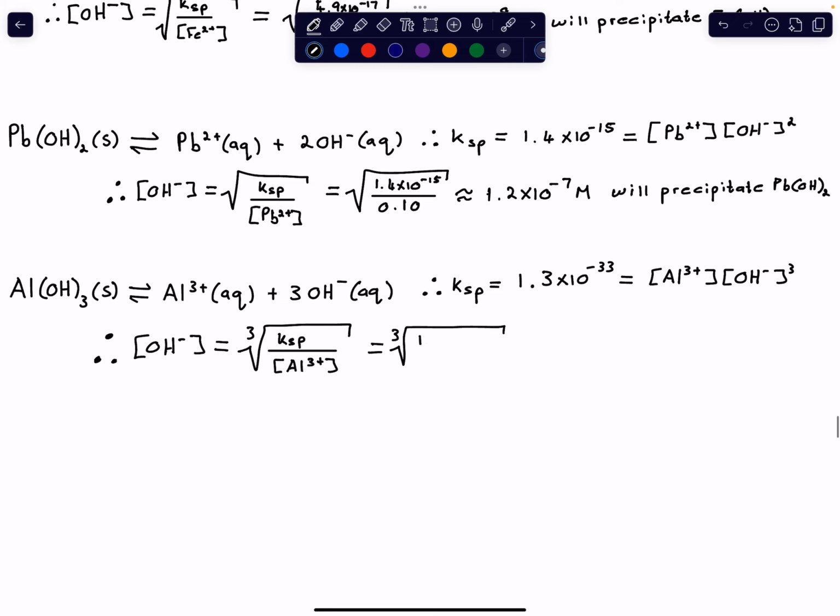And the KSP here is very small now, 1.3 times 10 to the negative 33 divided by 0.10. And this gives also a very small value, 2.4 times 10 to the negative 11 will precipitate aluminium hydroxide.